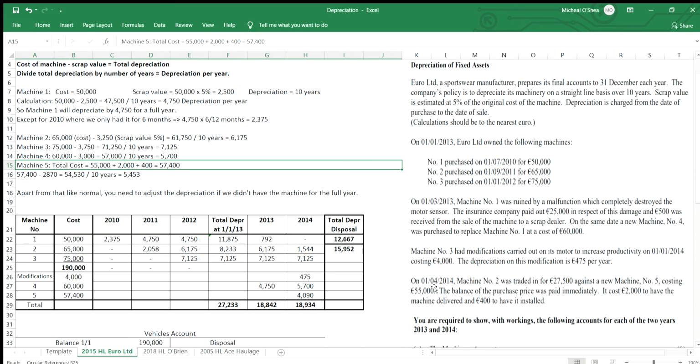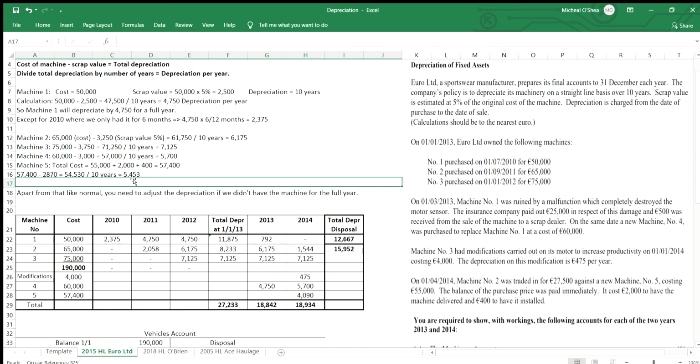We had it for the remaining 9. So 5453 multiplied by 9 divided by 12, because I'm trying to find out how much depreciation was for 2014, gives me 4090. Again, that's total depreciation for this machine. Machine 3, nothing happened to it, and machine 4, nothing happened to it in 2014. So I just put in the normal depreciation figures that I would have worked out up here.